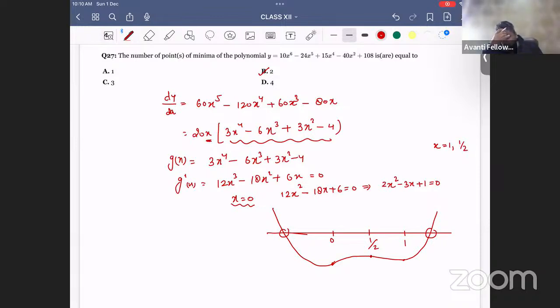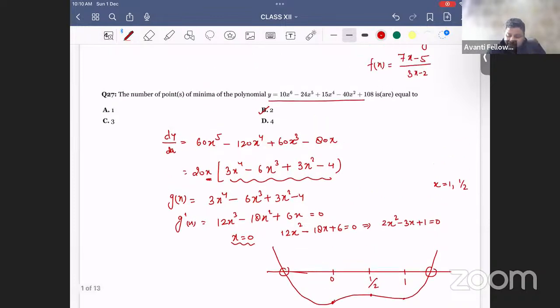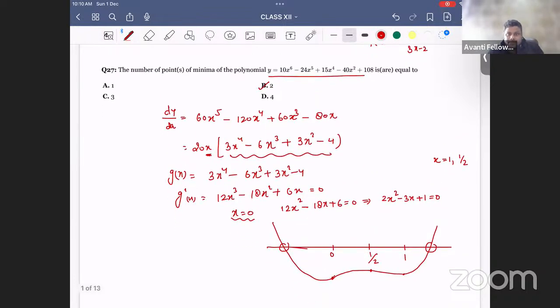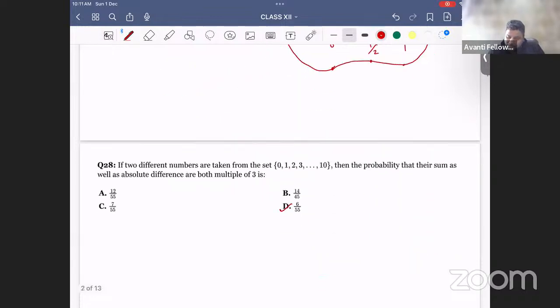That means g(x) is 0 at 3 points. Got it? So that means its integral function, this y, will have 2 points of minima and 1 point of maximum. Got it? Now, next.